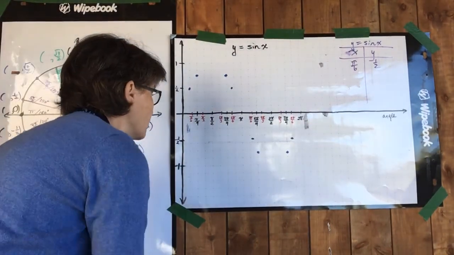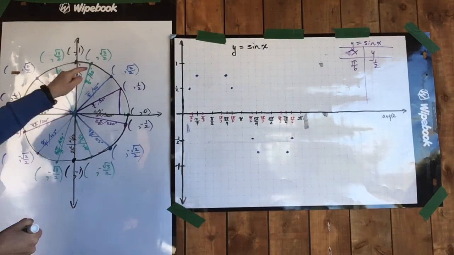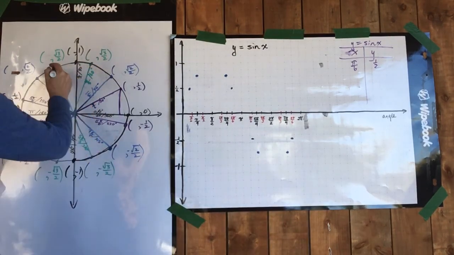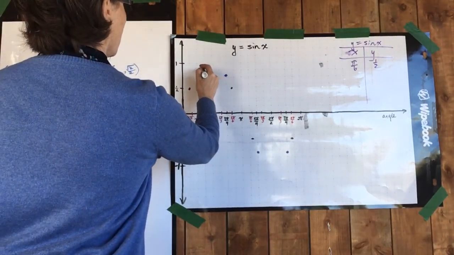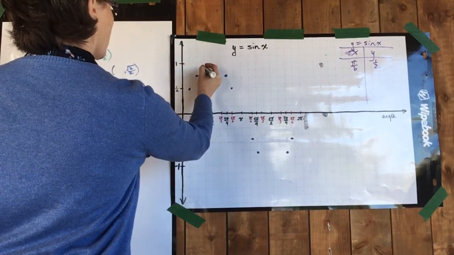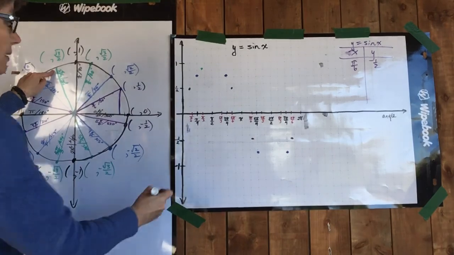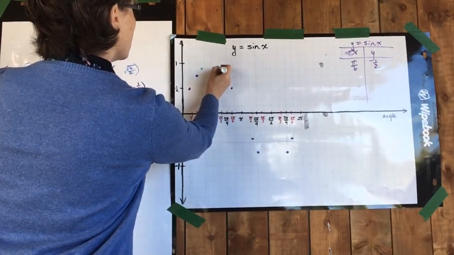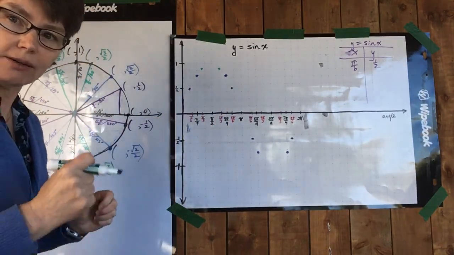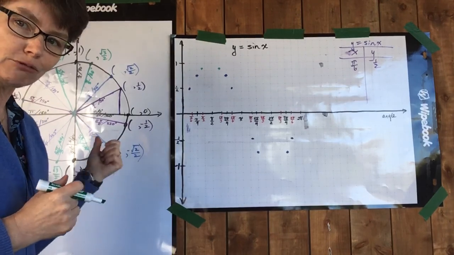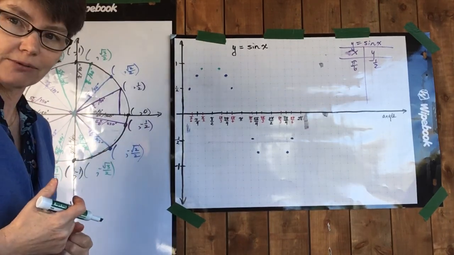All right, let's do the green. We have root 3 over 2. So about up to here, that's pi over 3, root 3 over 2, and also 2 pi over 3, root 3 over 2. You can get your calculator out and figure out the decimal number for root 2 over 2 and for root 3 over 2 if you want.